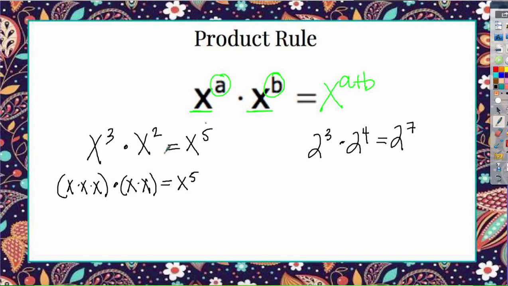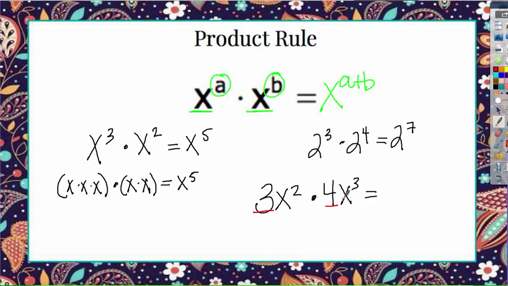Now I have to be careful if they start jumbling these up and it's a number in front of a variable and the numbers aren't the same. So for example, if I have something like 3x squared times 4x cubed, well, the numbers 3 and 4 are not the same bases, and just keep in mind that the 3 and the x aren't necessarily locked together in this multiplication here.